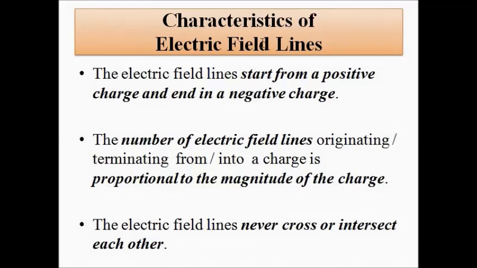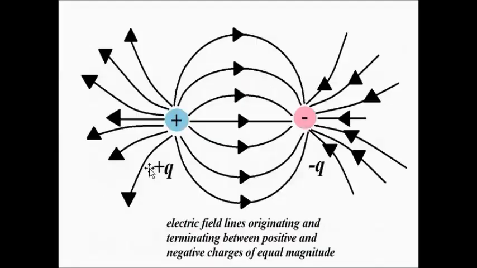The first feature or property of electric field lines is that they start from a positive charge and end in a negative charge. You can visualize it like this. Here we have two charges, one positive, one negative.